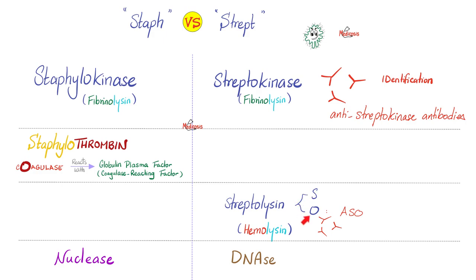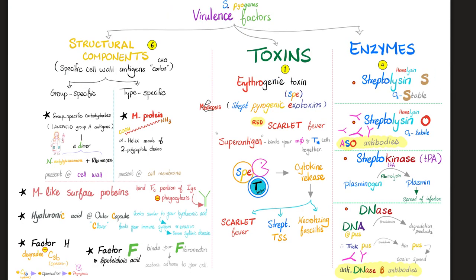We have 2 types, S and O. Again, your body can make antibodies against the O streptolysin, and these are known as anti-streptolysin O antibodies, also used as an identification test in order to diagnose you with a streptococcal infection. Same thing applies for DNase. There is an antibody known as anti-DNase B antibody. A third identification test.